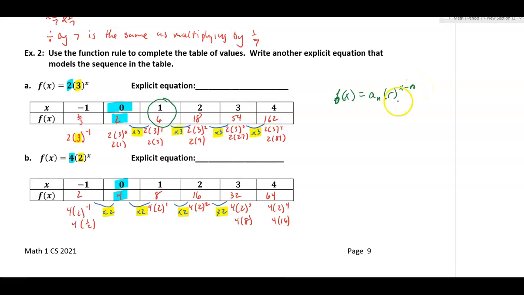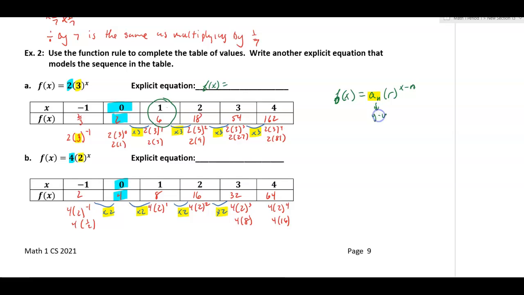Okay, if we use this idea, this here is basically term number 1, and the output is 6. So when we go to write the explicit rule, we're going to say f of x is equal to, what is the value of the term, right? This here is the y value.